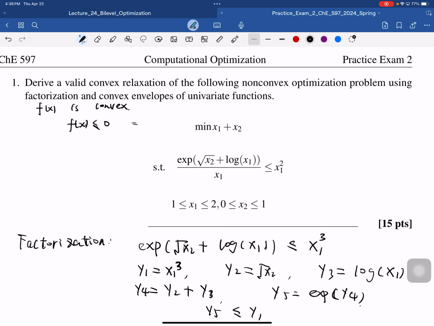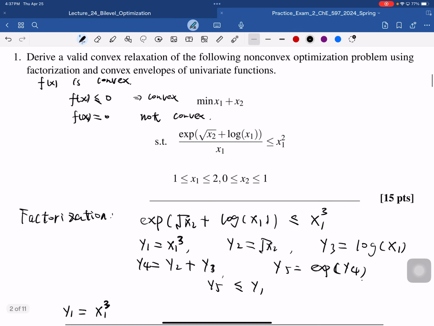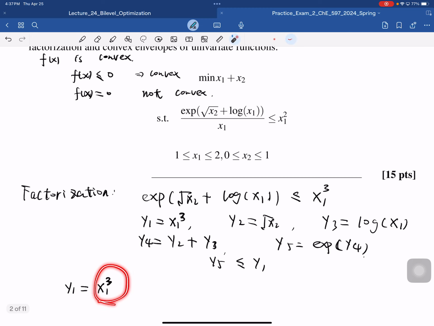But if you have something like f of x equals 0, this is not a convex constraint. Only linear equalities are convex. If you have a nonlinear equality, this is not describing a convex region. So what I'm saying is that if you have y1 equals x1 raised to the power of third, although this function is convex, this is not describing a convex feasible region in general. Does that make sense?